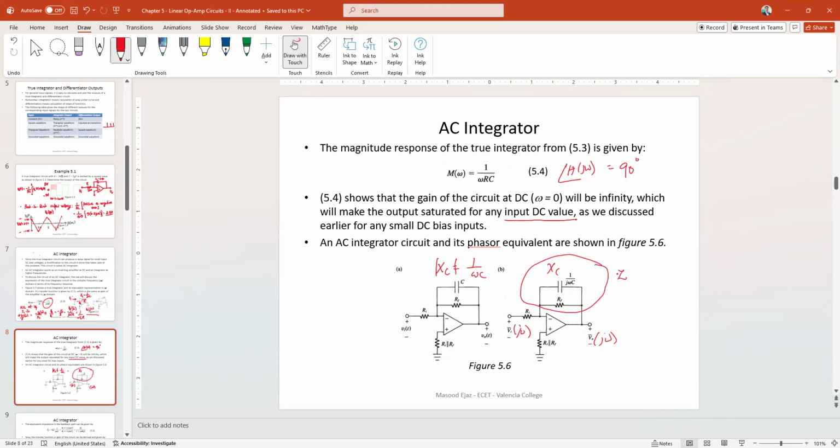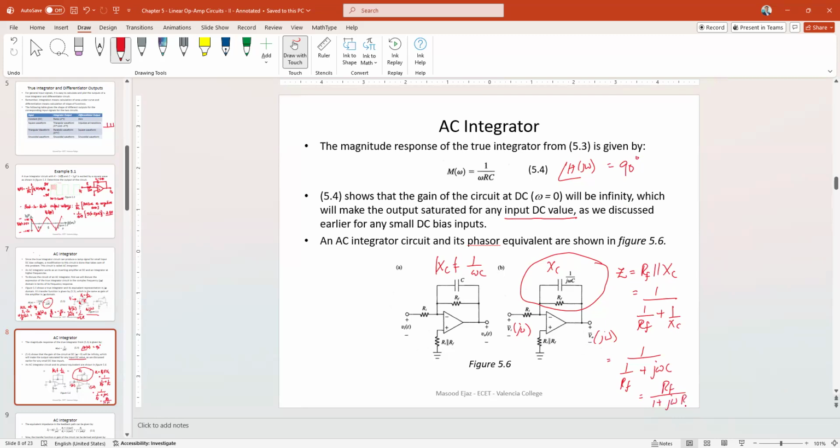So we can write down the parallel equivalent, RF parallel to XC, which is 1 divided by 1 over RF plus 1 over XC, where XC is 1 over j omega C. So 1 over XC will simply be j omega C, which will give you RF over 1 plus j omega RFC.